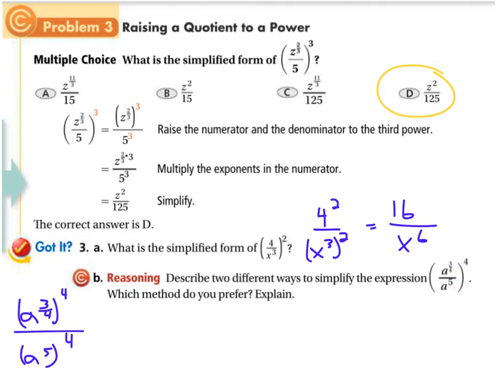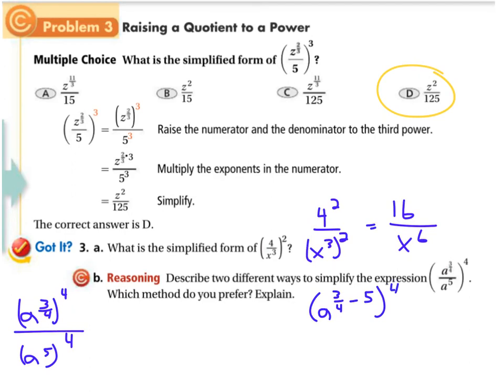Well, remember when we're dividing, we subtract the exponents. So I'm going to do that over here on the right hand side. We could say that would be a to the 3/4 minus 5, subtract the exponents, all of that raised to the 4th power.